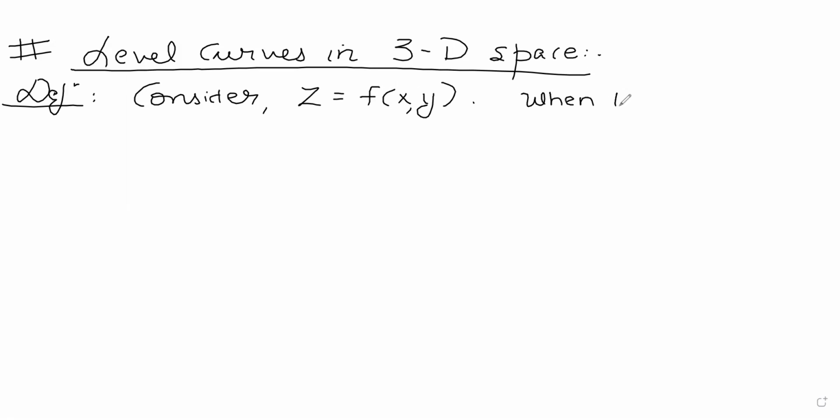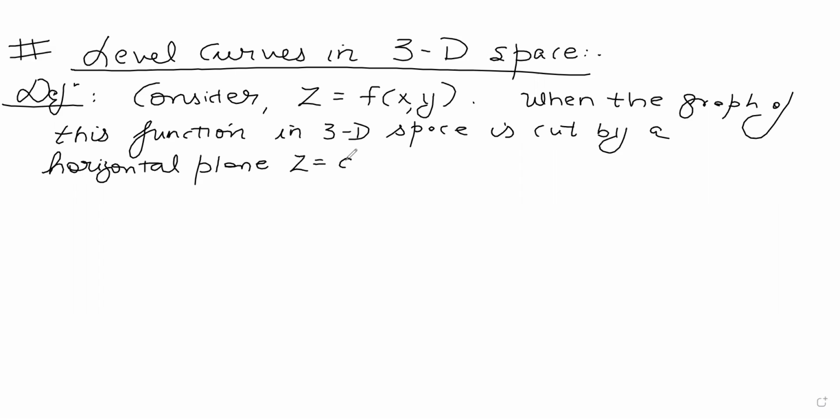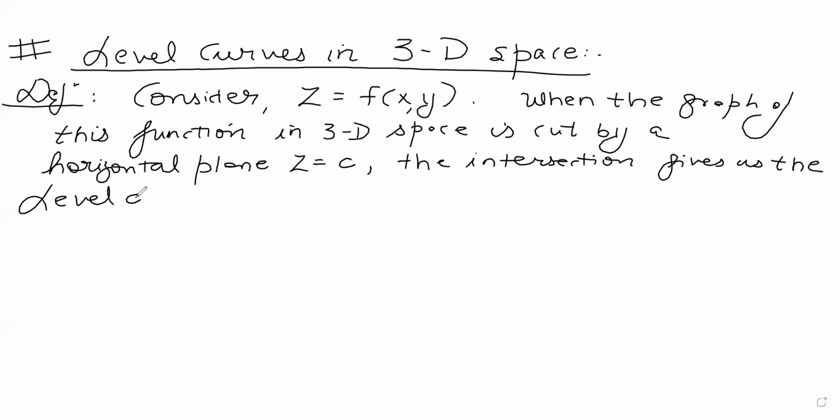When the graph of this function in the 3-dimensional space is cut by a horizontal plane, z equal to c, the intersection gives us the level curve for the function f at the height c.